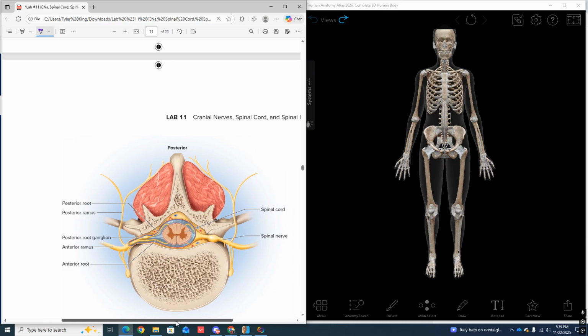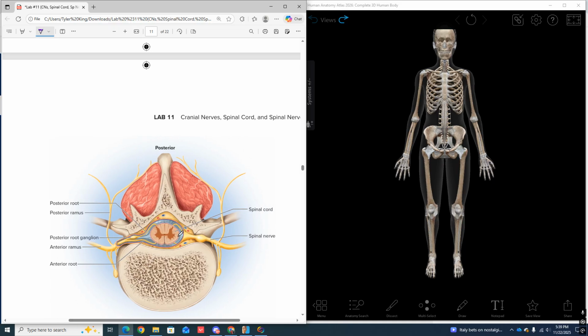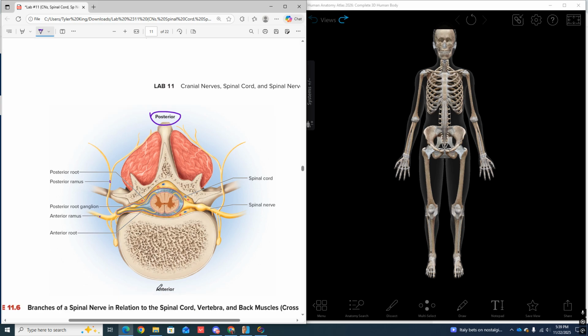If you're looking further back from the spinal cord, you can see the spinal nerve here, and then these extra branches that come off of the spinal nerve, and those are the rami. You can see a posterior ramus here and the anterior ramus here. Posterior goes to innervate the structures of the back of the body, that's why it's called posterior. Anterior innervates the structures in the front of the body, respectively.